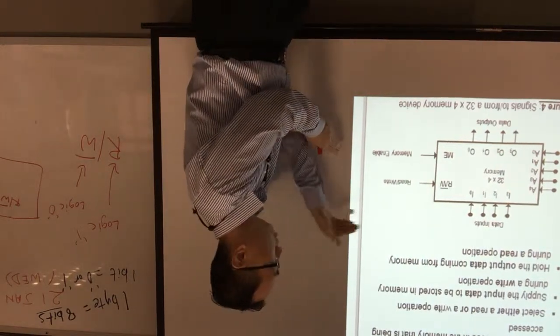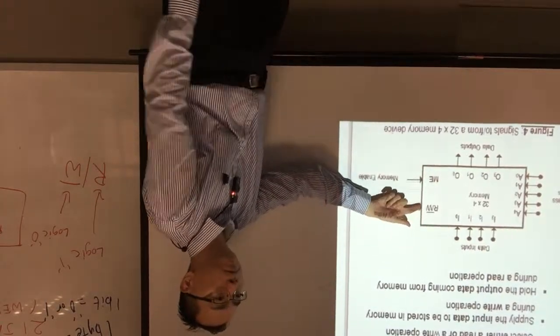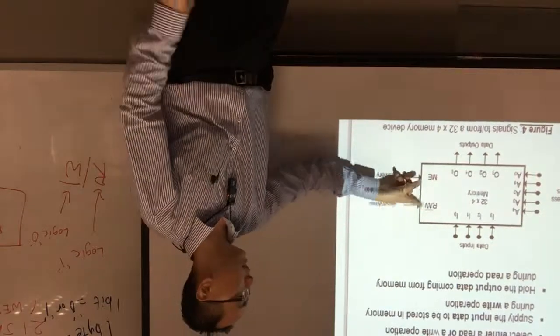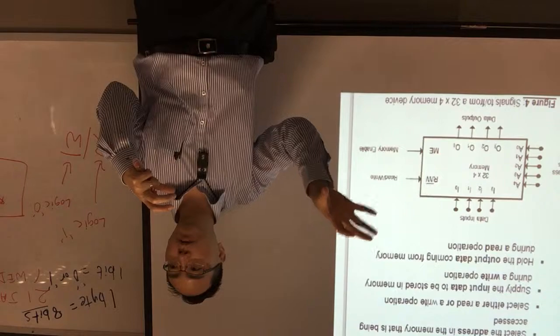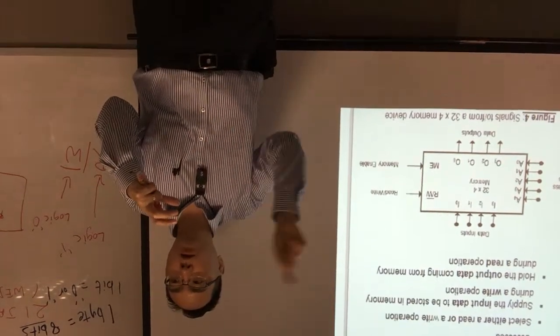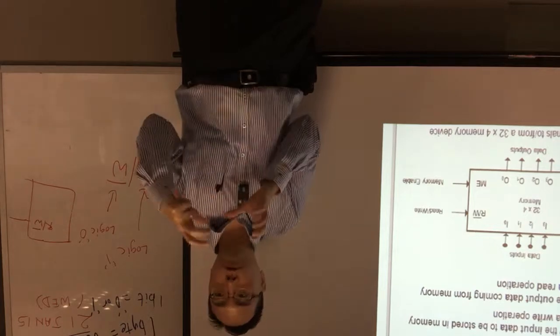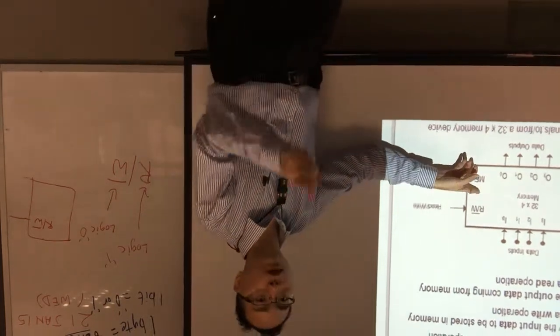Okay, so in order to read from it, you must issue a command to the chip. This line is really for the processor to communicate with the memory chip. You must tell him whether I want to read or I want to write, for the processor to talk to this thing. Because this fella cannot work independently.